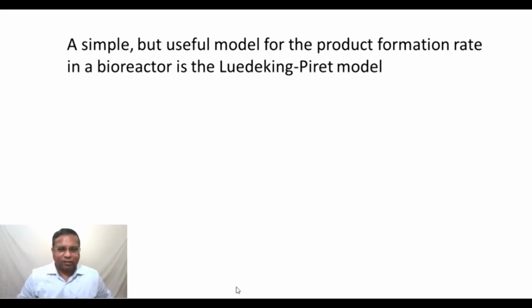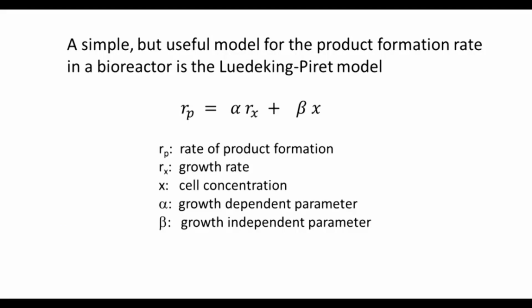Note that again, these are all models for rates. The Luedeking-Piret model goes as: Rp equals alpha times Rx plus beta times x. The product formation rate equals a growth dependent parameter times the rate of cell growth, plus a growth independent parameter times the cell concentration.